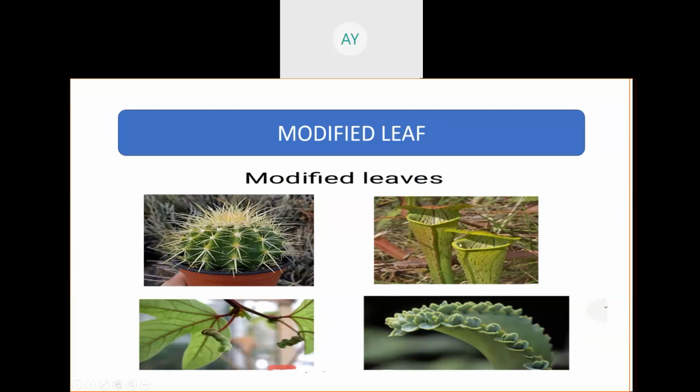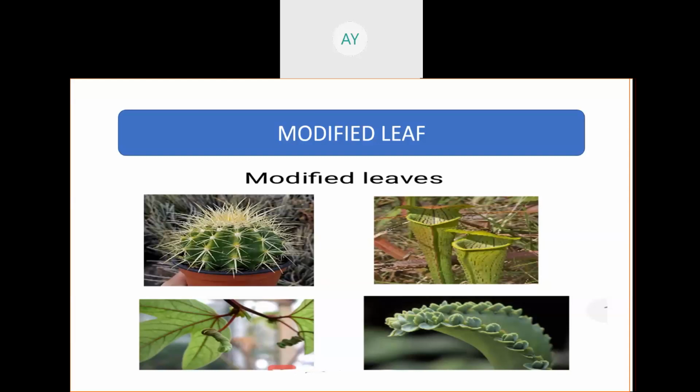If any insect enters, there are so many fine hairs, and those fine hairs will trap the insect. What is the purpose of this structure? It will first kill the insect, digest it with the help of enzymes, and absorb the nitrogen present in the insect.